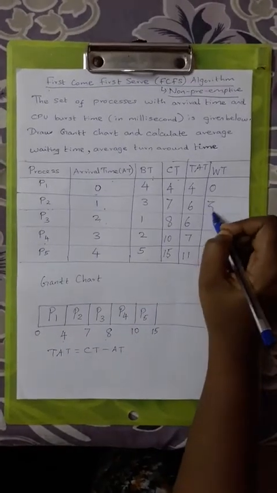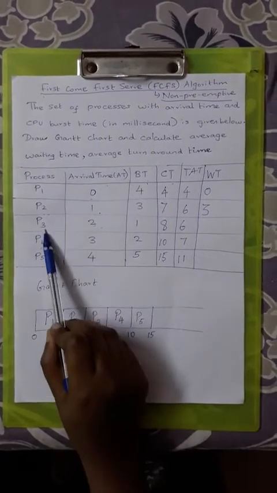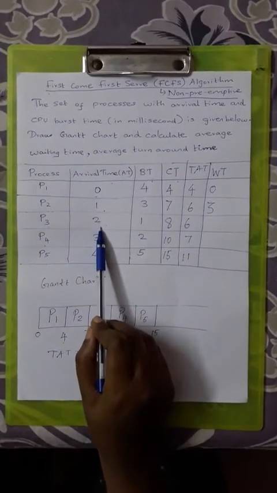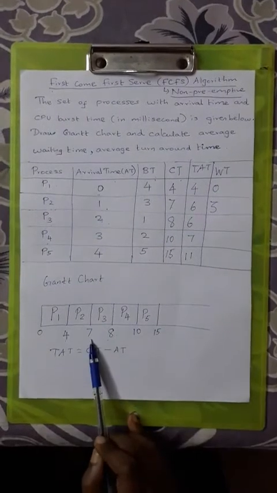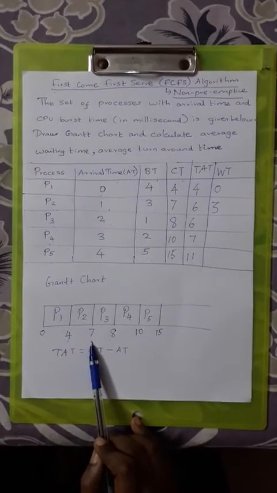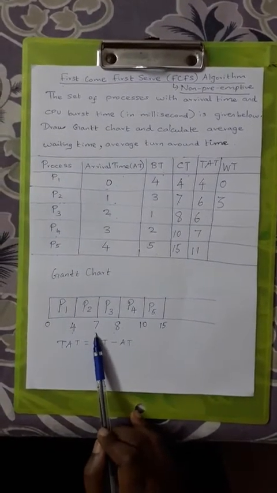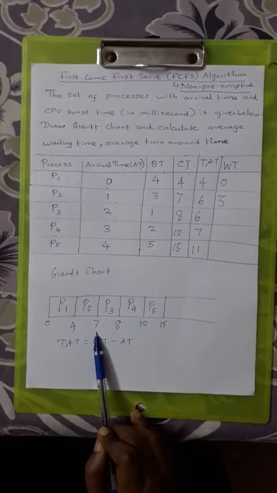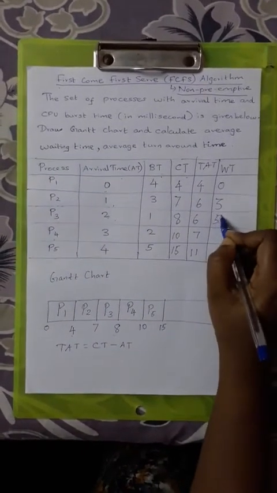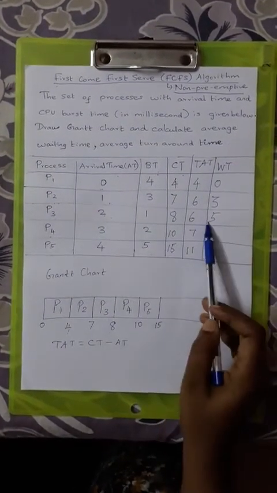That is 3 millisecond. Okay. Next, for the process P3, the process P3 has arrived the system at 2nd millisecond, but it started its execution at 7th millisecond. Okay. So this process P3 has waited in the system from 2 to 7 millisecond. That is up to 5 millisecond. This process waited. That is 7 minus 2, 5 millisecond.